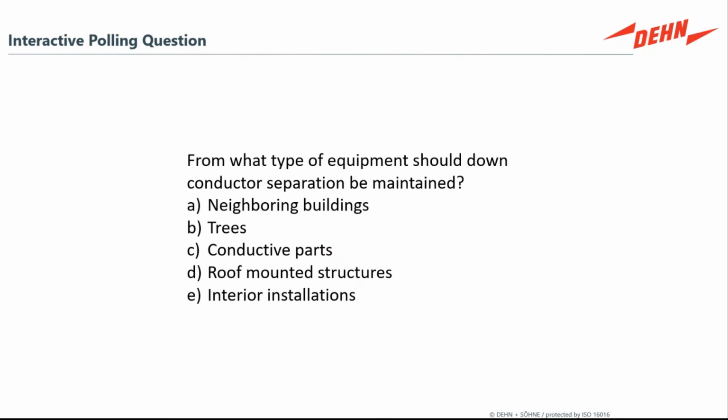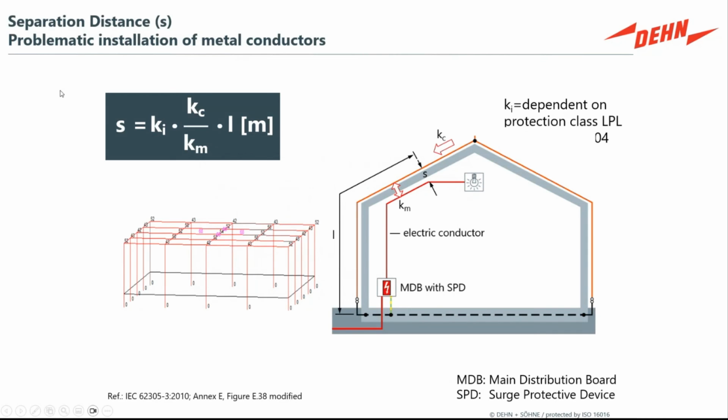So from what type of equipment should a down conductor be separated? Is it from neighboring buildings, trees, conductive parts? Well, the real intent is to require separation from any of these types of structures. What you're trying to do is separate the down conductor from influencing any of the equipment around it.